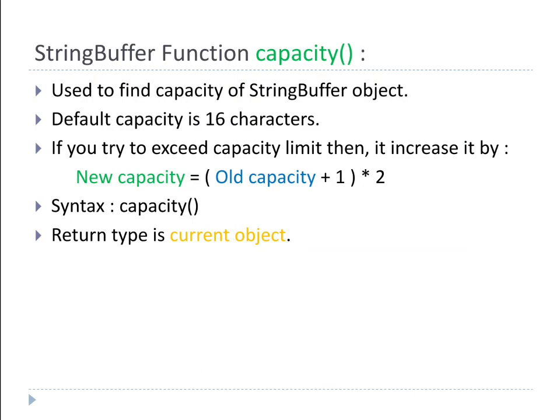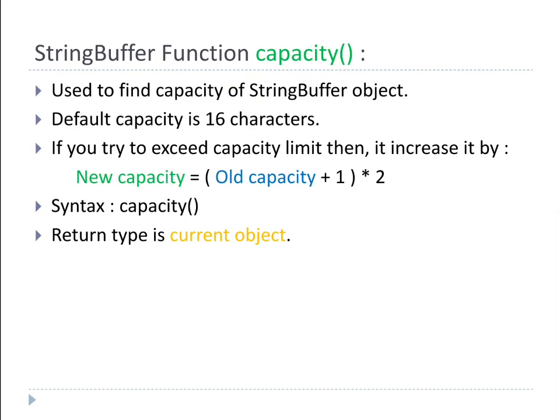StringBuffer directly multiplies it by 2. With old capacity plus 1 into 2, it just doubles, so that we can use the same memory again and again. We are not going to shift to another area. The syntax is capacity only.